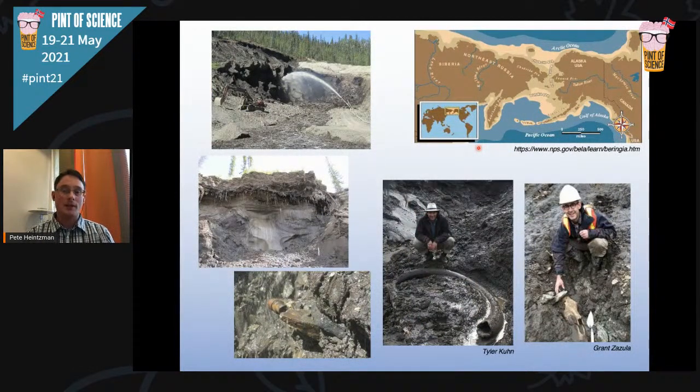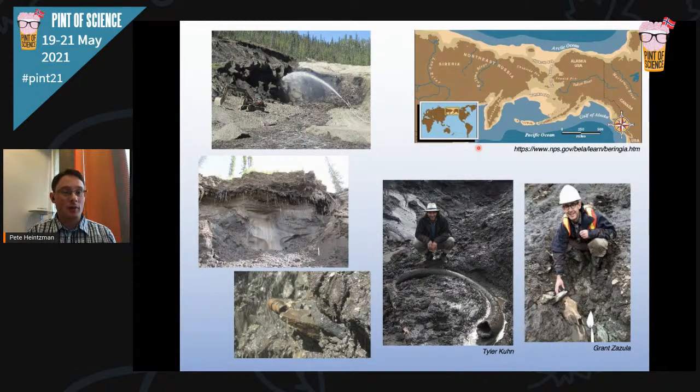One of the best places to find bones of extinct megafauna is northeast Siberia and northwestern North America, where bones preserve extremely well in what we call permafrost, perma-frozen ground. These deposits are absolutely fascinating. They're full of bones, and in northeast Siberia, people try to find the bones and other remains that they can sell.